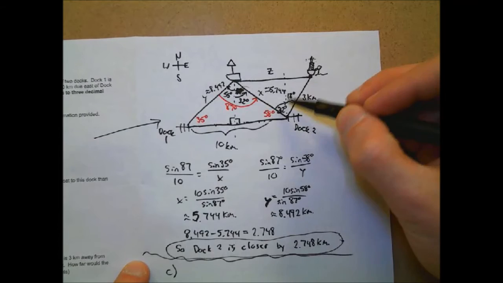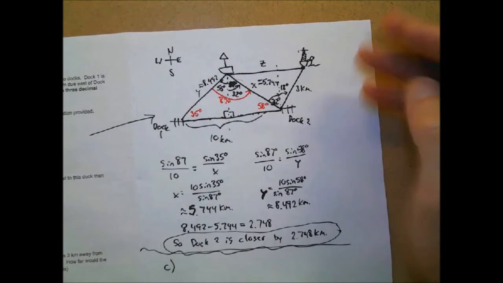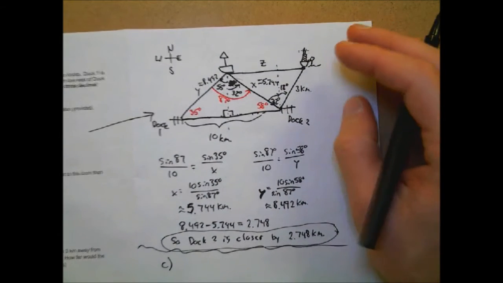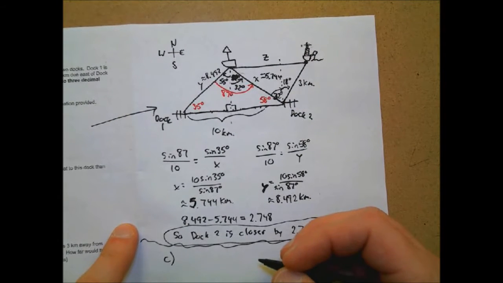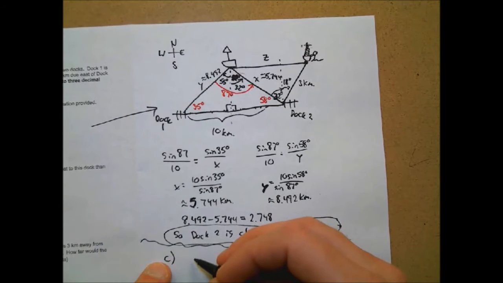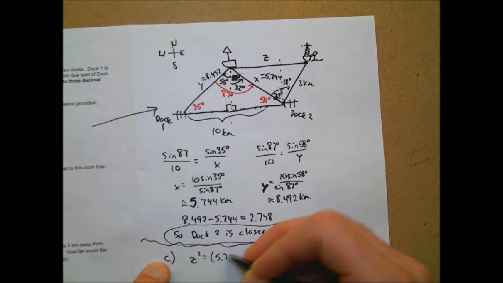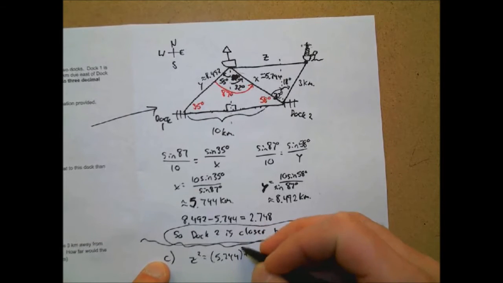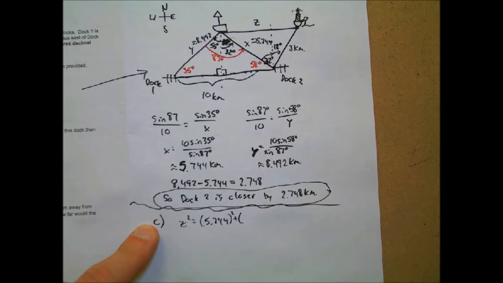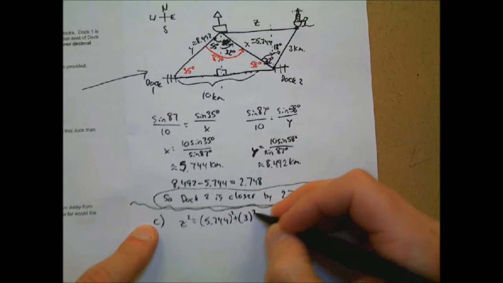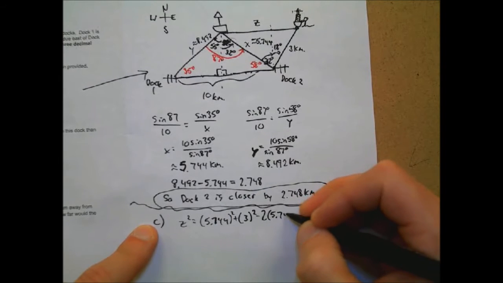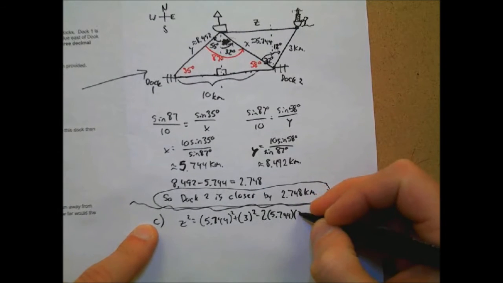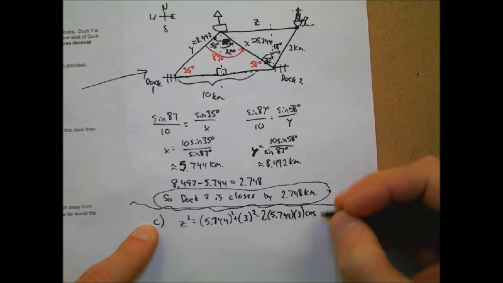We have our angle and our two sides, so we can use whichever formulation we want. We want the formulation where we have this angle in it. We're solving for that missing side. So z squared equals 5.744 squared plus 3 squared minus 2 times 5.744 times 3 cosine of 50, right?